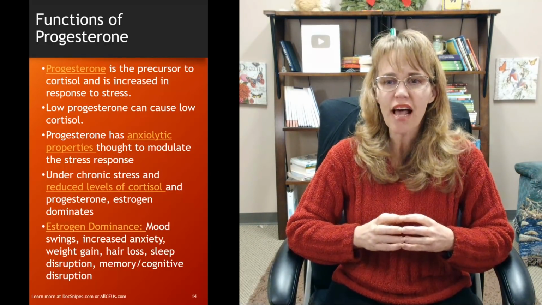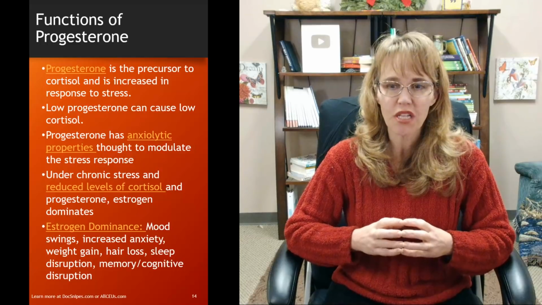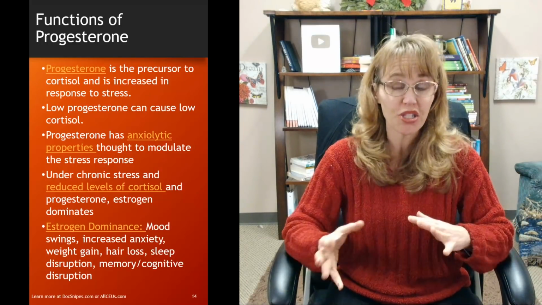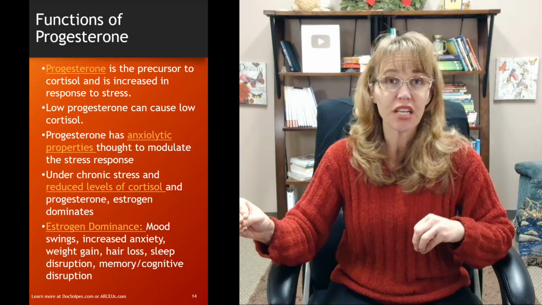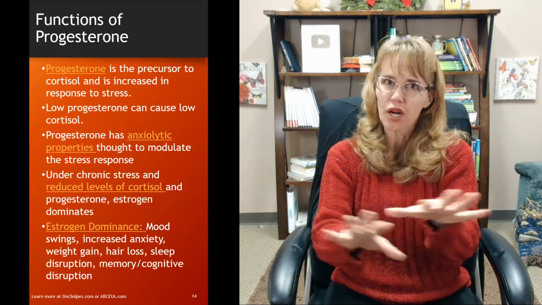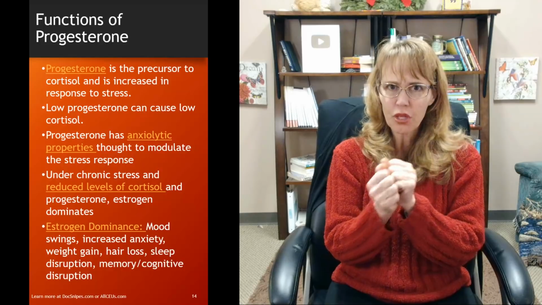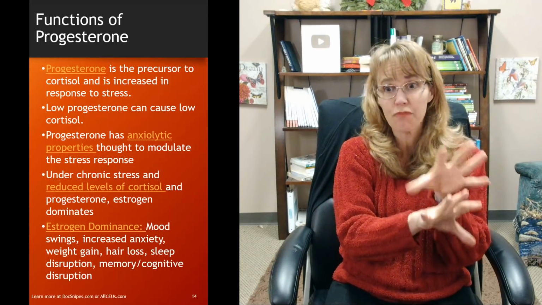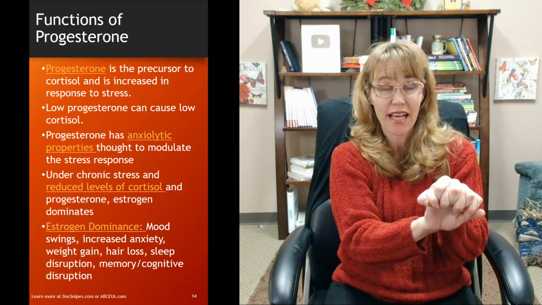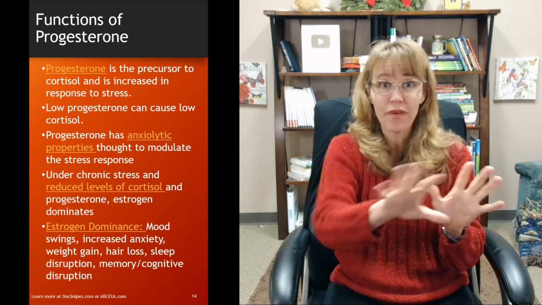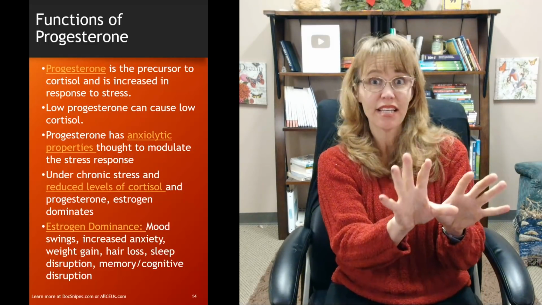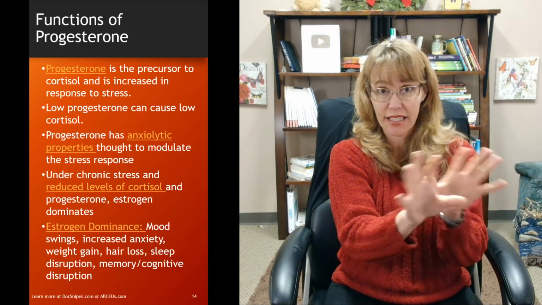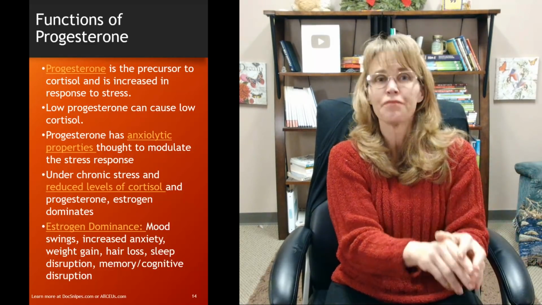Under chronic stress, reduced levels of cortisol and progesterone leave estrogen to dominate. So when we're under chronic stress, remember that HPA axis is turned way down. So our stress response system is turned way down. So cortisol is not being recruited nearly as often or in significant amounts.